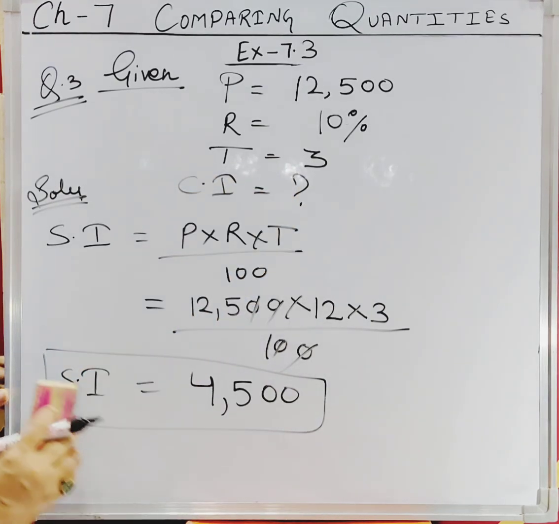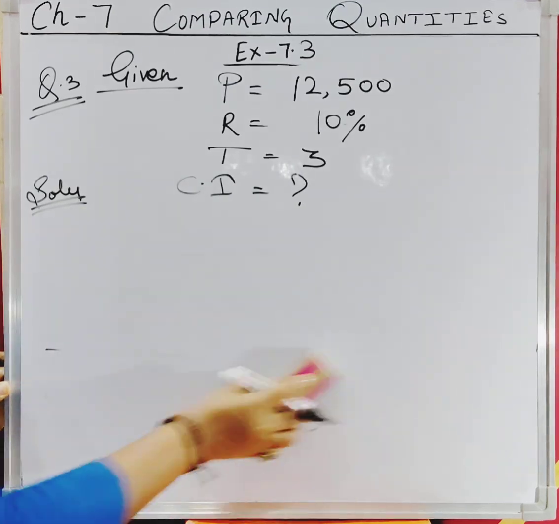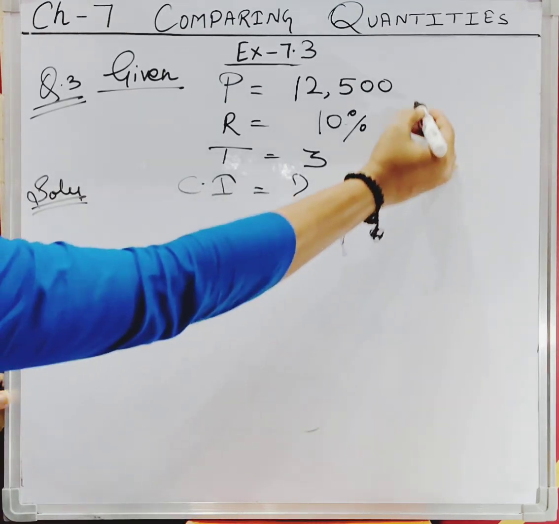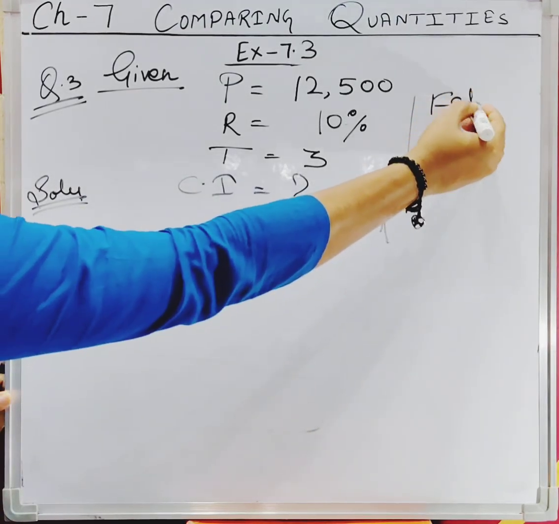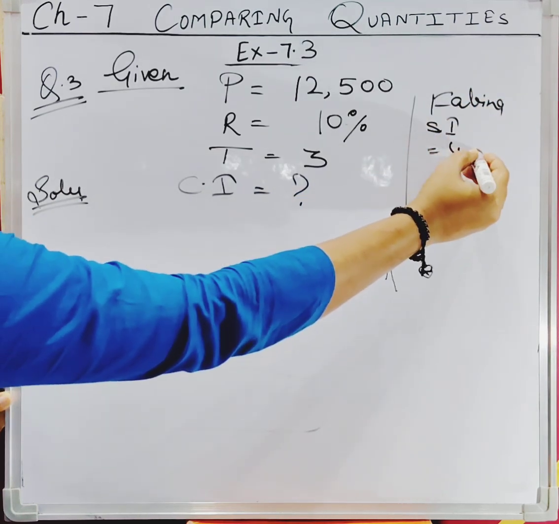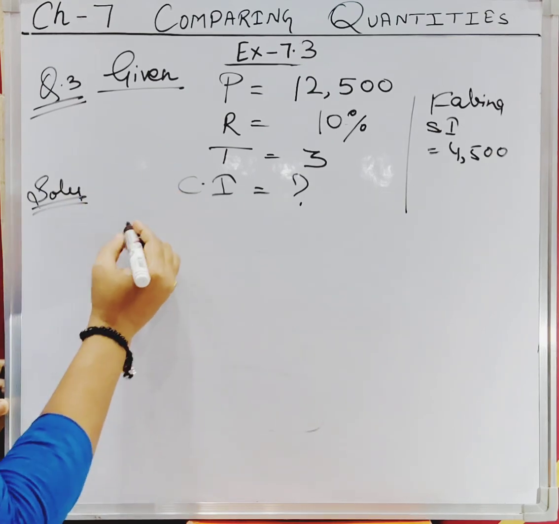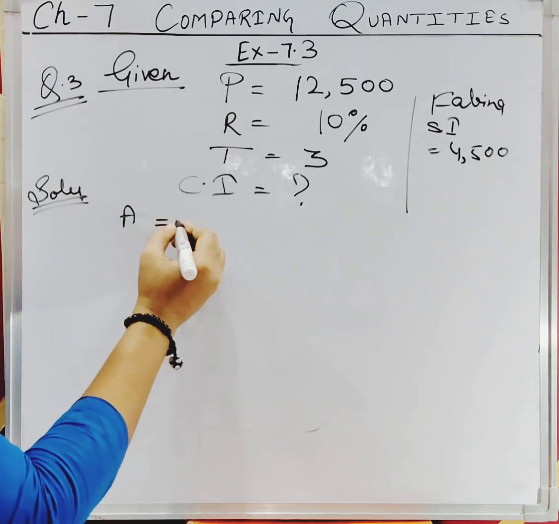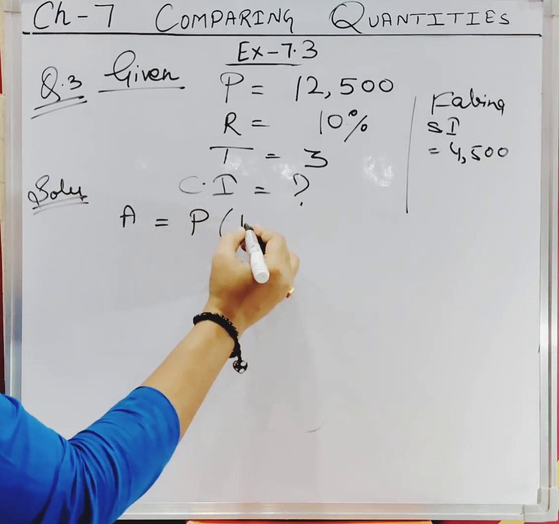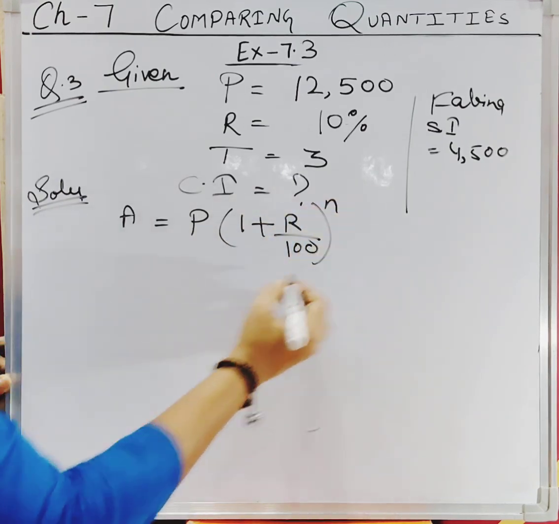Now I am removing this one. Just remember that for Fabina we got SI, that is 4,500. Now I am solving for Radha. So put the formula, A equals P into 1 plus R upon 100 inside, to the power n.